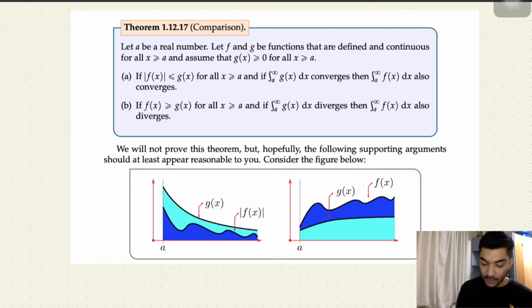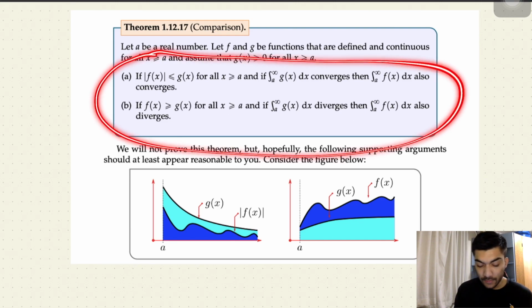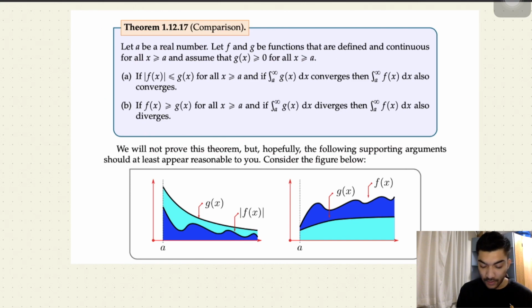And that is what you can also reasonably argue by looking at the picture. If we know that this area under the curve does not have a real solution, then we can definitely state that this area under the curve will also not have a real solution, right? Because it adds on to the previous area which did not have a real solution. So these are the two cases that you can use in order to check whether your definite integral converges or diverges.